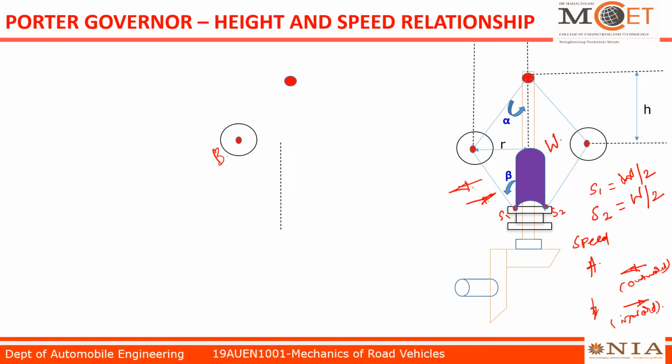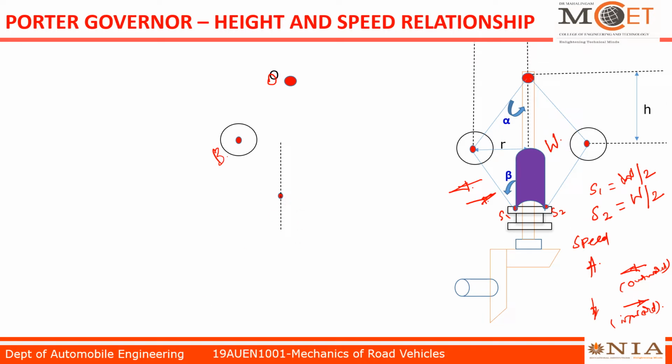And we have a pivot point on the top portion. This pivot point is marked as O, as discussed in Watt governor. These 2 points are connected by one arm that we call the upper arm, and we have the lower pivot point here.